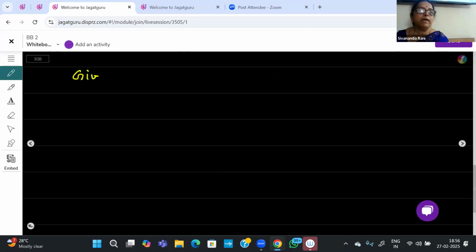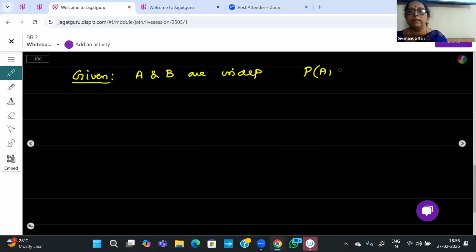What is given? What did I tell you? What follows if it is given, right? So we are given that A and B are independent. So again, that can only mean this. Of course, it can mean various things, but popularly it means only this. So let us stick to this, call this as 1.